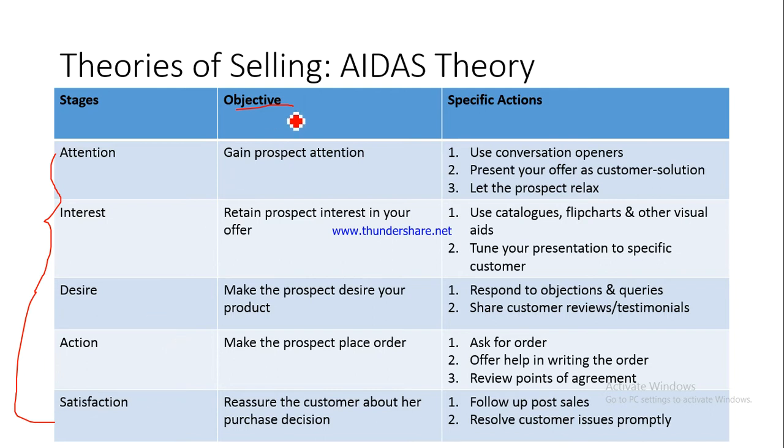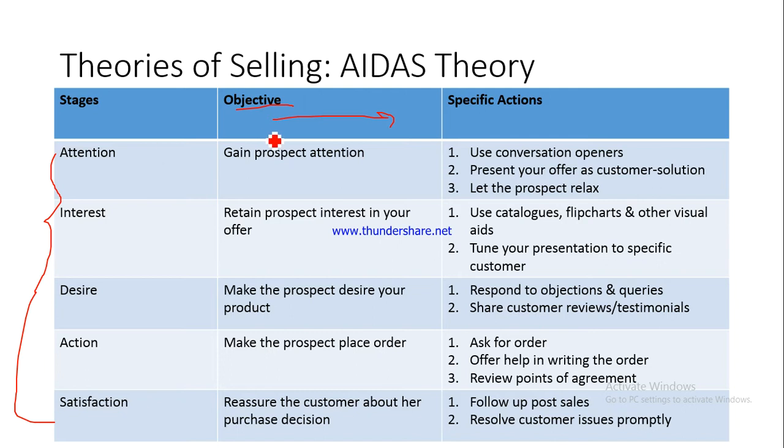What should he try to achieve in these 5 stages when the prospective customer, when the prospect is going through these 5 stages? What should the salesperson target at, and what are the specific actions that he can indulge in to achieve these objectives?